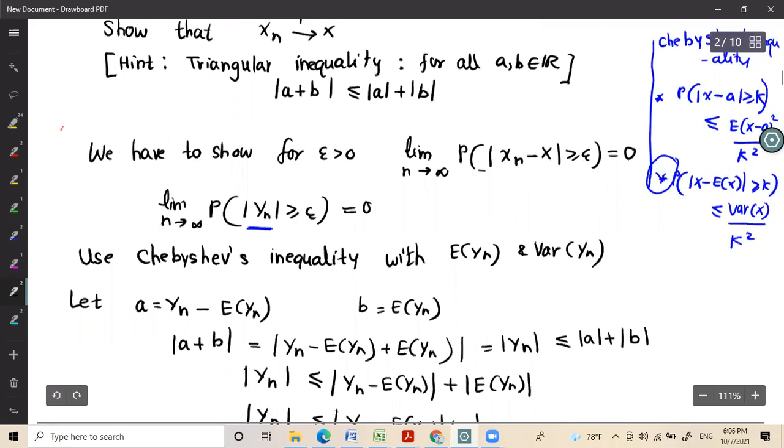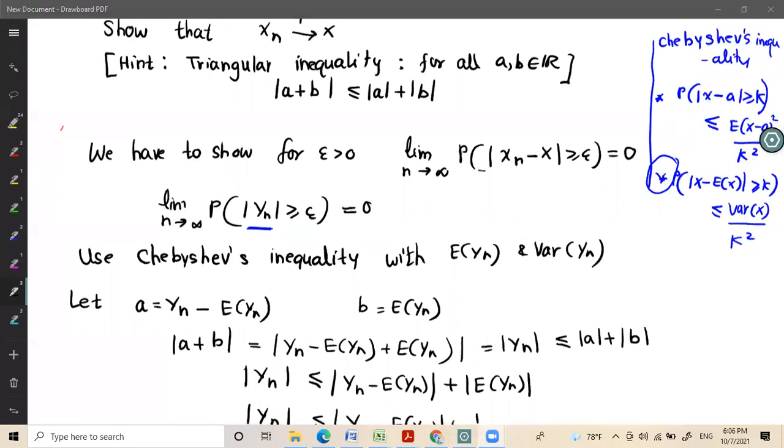Okay, so we have a question. Can't we solve it by finding EYN square? You mean by applying the other form of Chebyshev inequality, I guess. Let me check it.